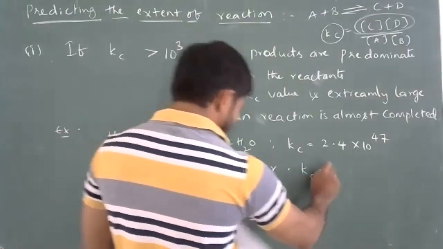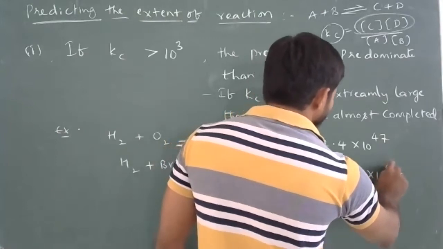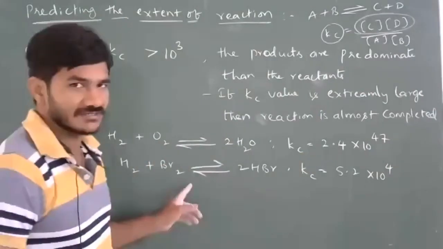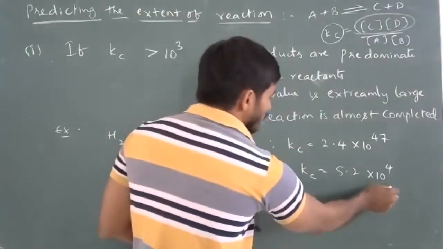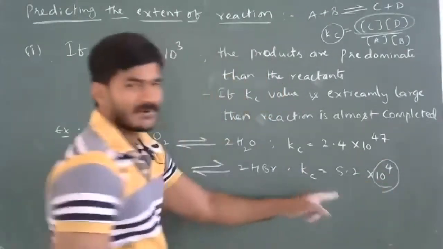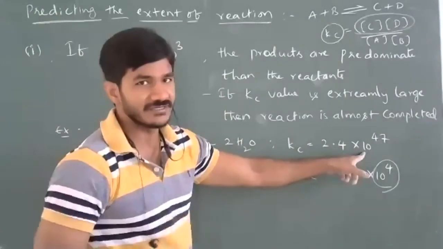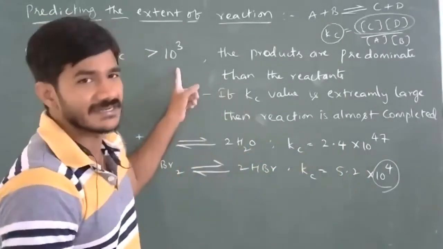For this, Kc value is 5.2 into 10 power 4. 10 power 4 means more than 10 cube. Of course, 10 power 47 is also more than 10 cube, but this 10 power 4 is just beyond the 10 cube.